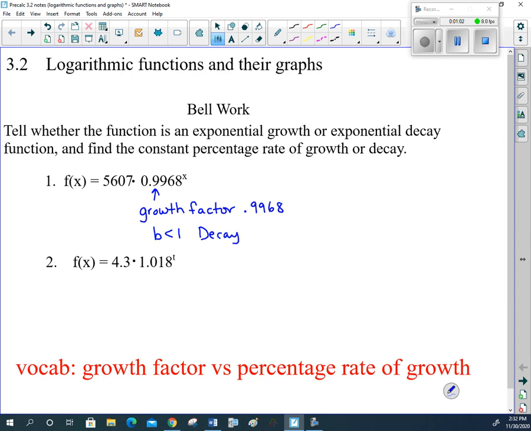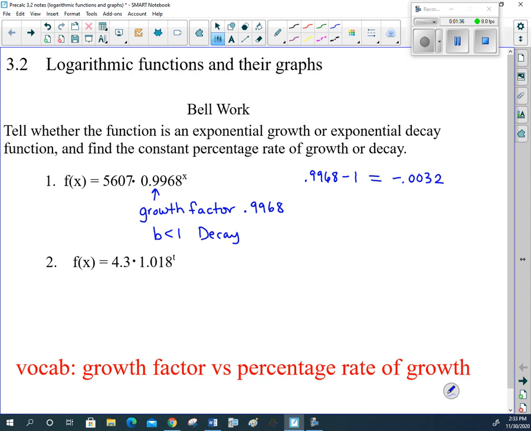So the percentage rate of decay is going to be the difference between your growth factor and 1. Since my growth factor is 0.9968, I would say 0.9968 subtract 1, and that's going to leave you with negative 0.0032.